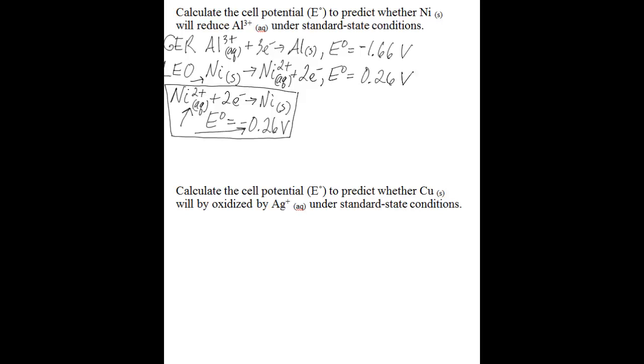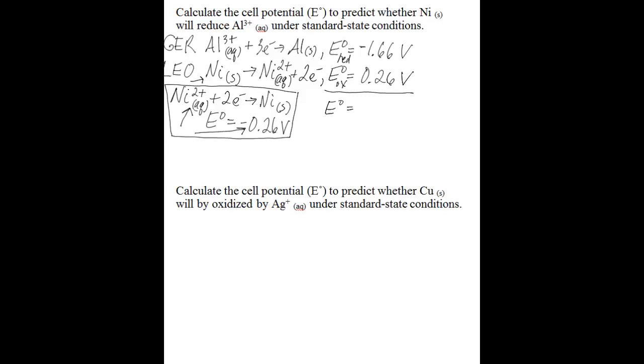And in order to calculate the cell potential, which is the sum of the two separate standard reduction potentials, you will get an E0 value. These should technically be E0 reduction and E0 oxidation because they're not the full E0 cell potential values, they're only for the half reactions.